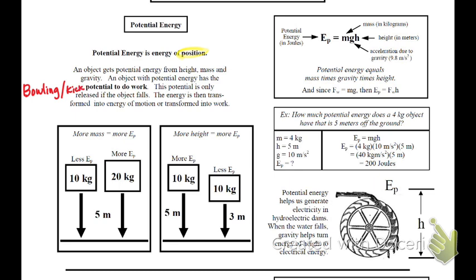If you're holding them up the same height, which one has more potential energy? The bowling ball, it's going to go faster. It has more mass. It's heavier. So that means it has more potential energy. A kickball is lighter, it will have less potential energy.